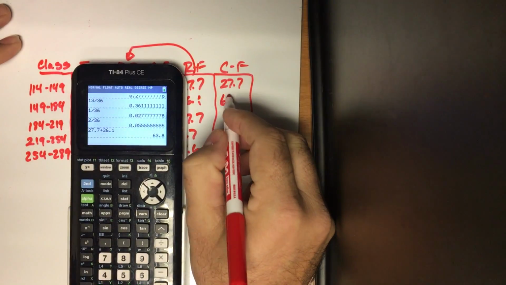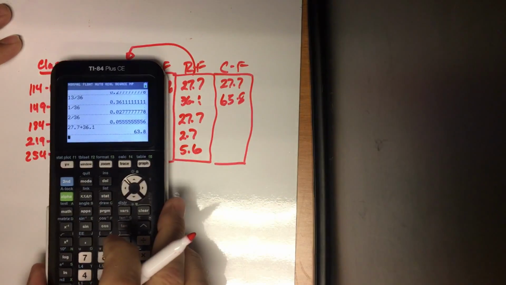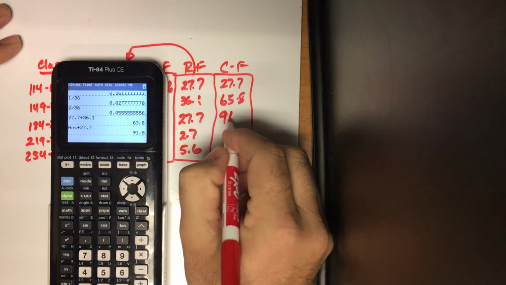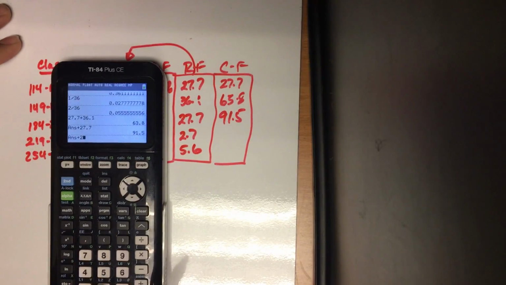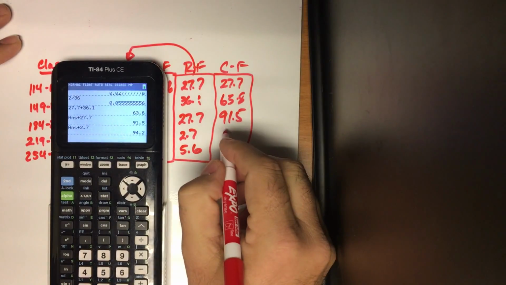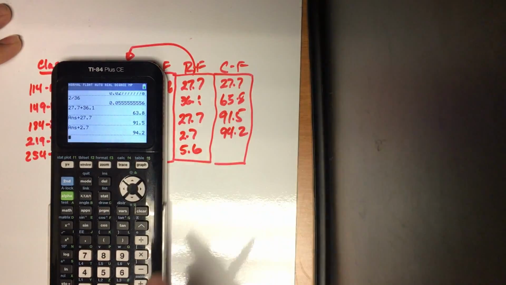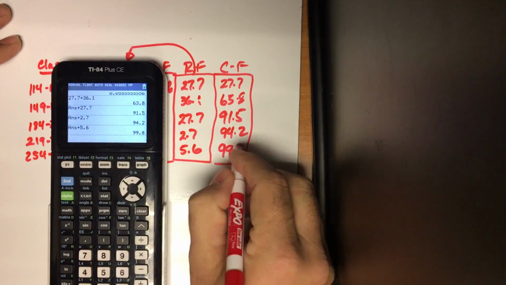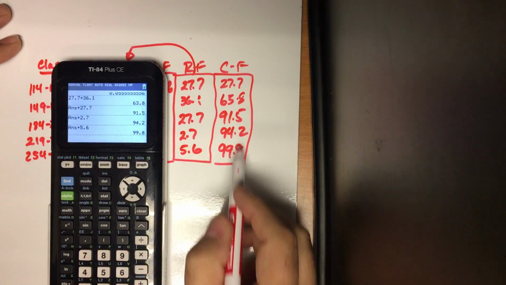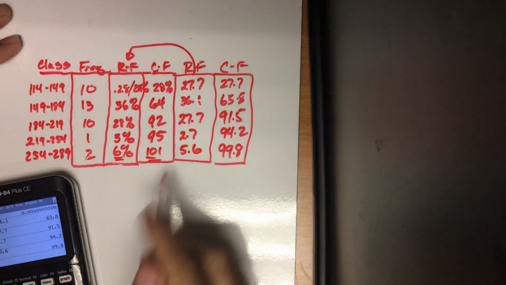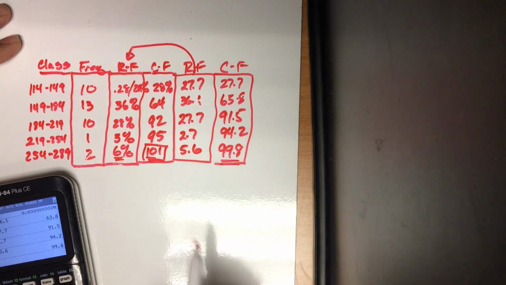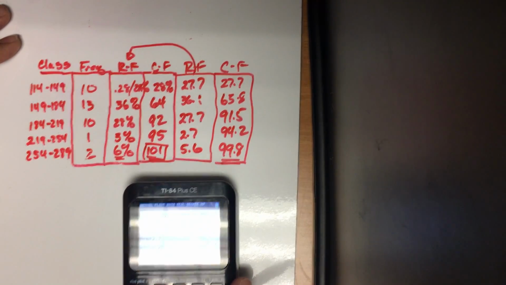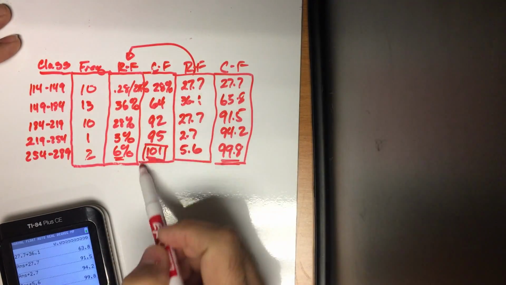That gets me 63.8, and then plus 27.7 gets me 91.5, plus 2.7 gets me 94.2, and then plus 5.6 gets me 99.8. And again, we know that that's 100%, just because of rounding. But notice here I was off by a whole percentage, and here I'm only off by 0.2%. So a little bit of round-off error there, but that's probably the better answer, but the other is fine as well.